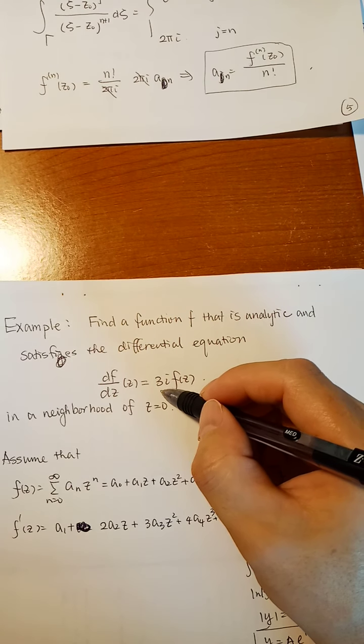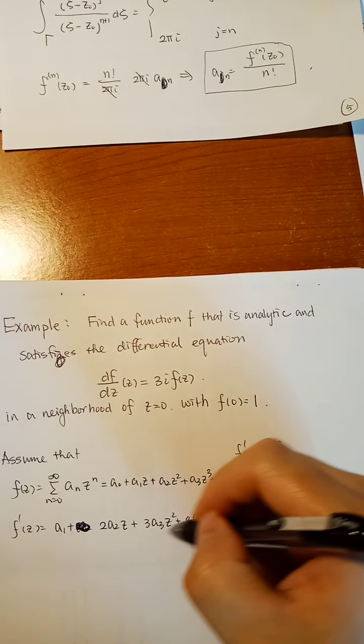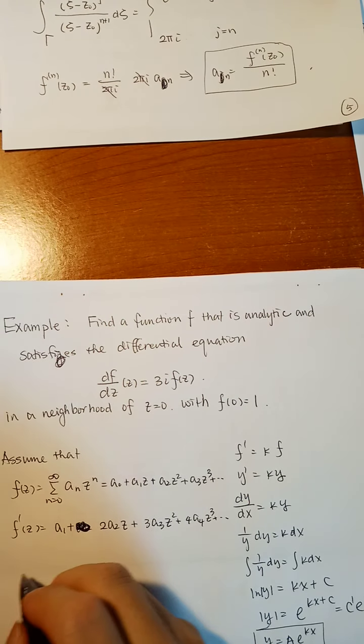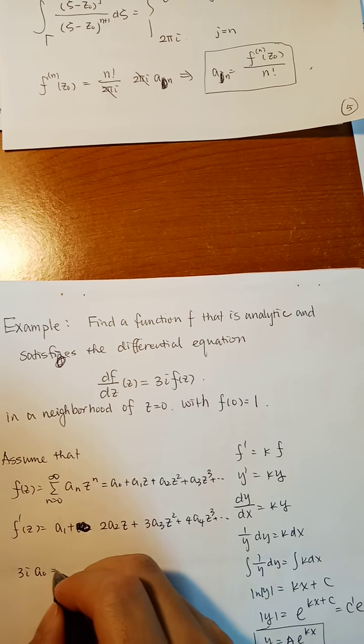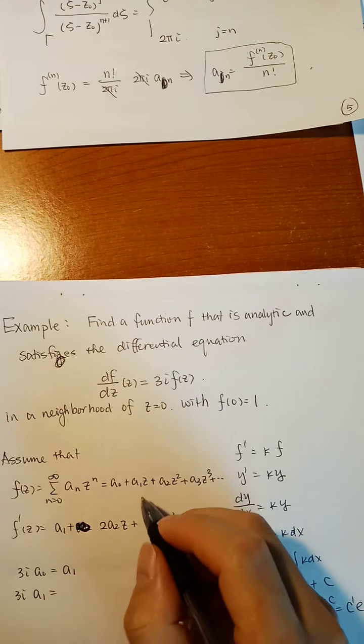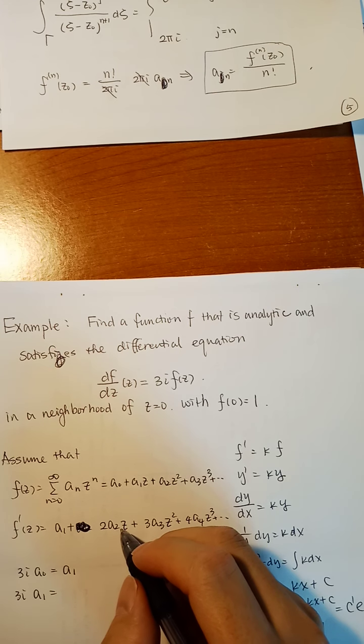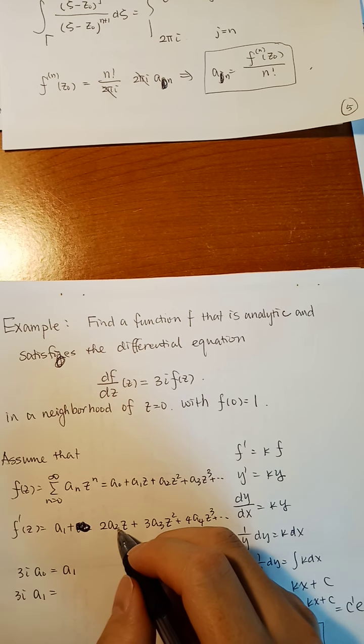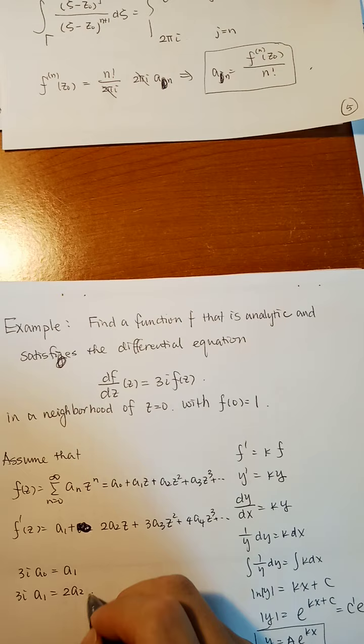The equation says 3i times this line is equal to the next line. So you get 3i a0 is equal to a1. 3i a1 is equal to 2a2.